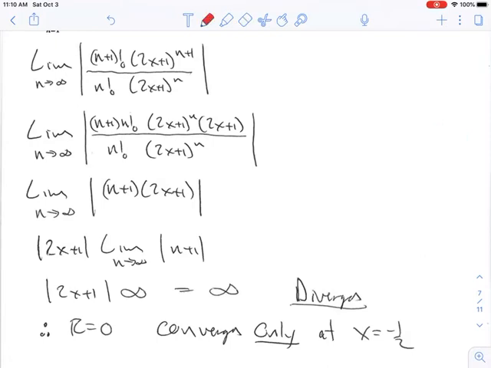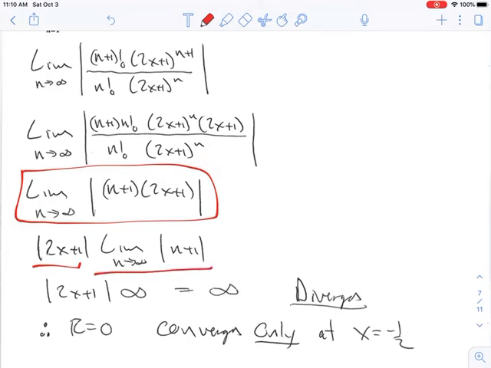So we're going to do the ratio test on this again. And we end up with this. And as always, I'm going to pull out the variable terms and take the limit of the terms that have the n. And so we have the limit as n approaches infinity of n plus 1, which of course is approaching infinity.